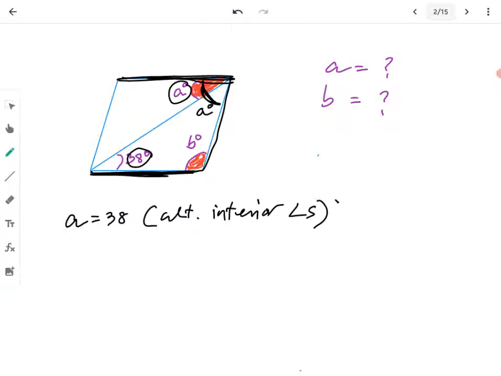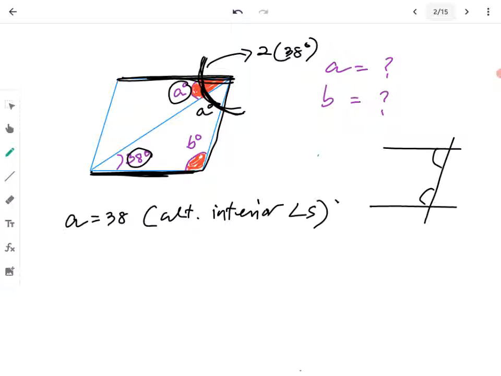So it's like saying that this whole angle here is 2 times 38 degrees. Remember, in parallel lines with a transversal, if you have two parallel lines and a transversal, this angle and this angle are supplementary.